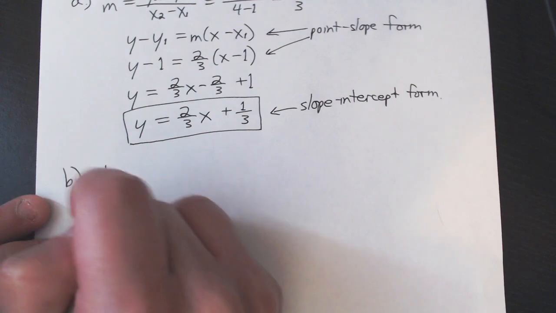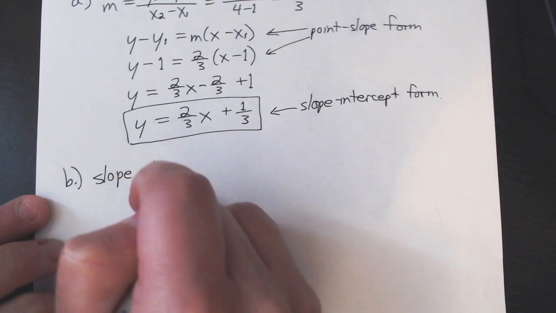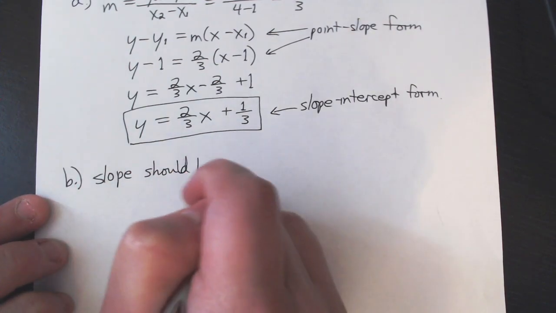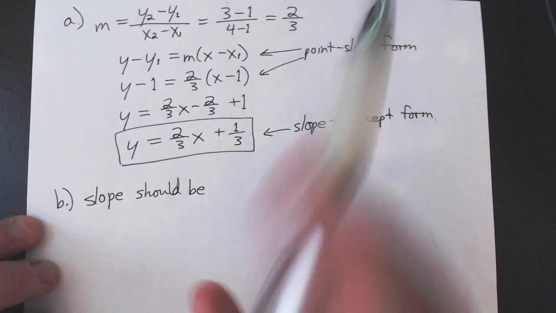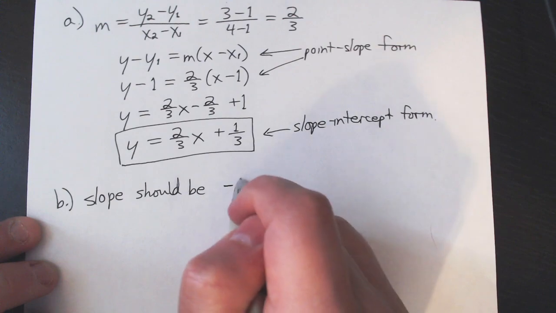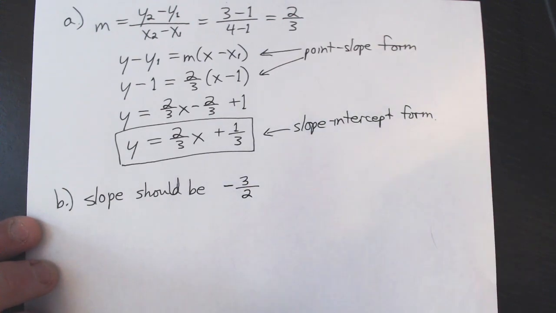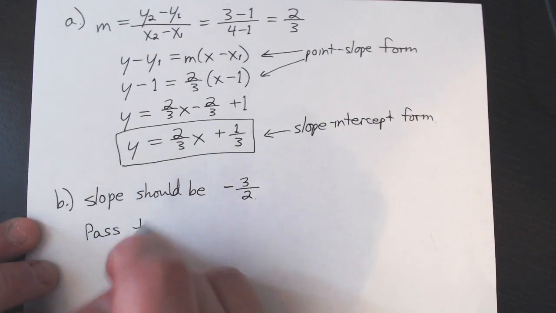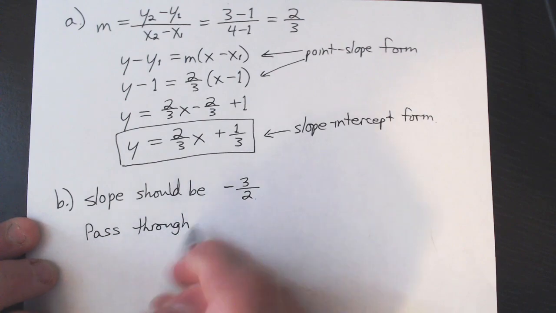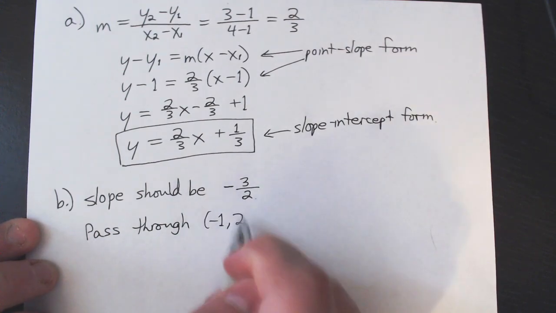The slope should be the negative reciprocal of 2/3. That's going to be negative 3/2. And we want a line that passes through (-1, 2).